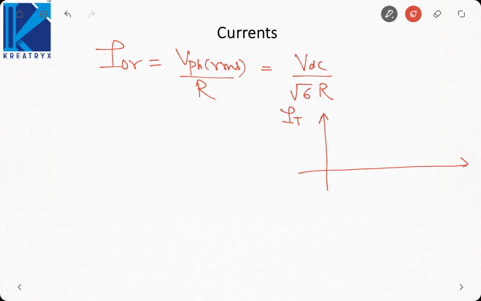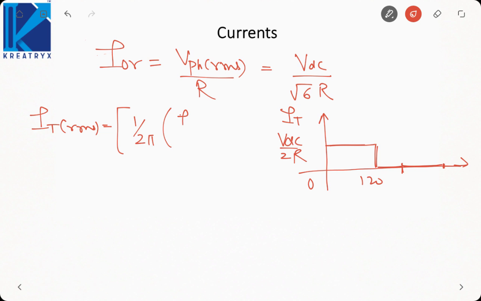This is IT. So thyristor 1 will be conducting from 0 to 120 degree. Then 120 to 180 will be for commutation. Then T4, then again commutation. So this is VDC by 2R based on the phase voltage. Now if we want to calculate the thyristor RMS, the period is 2 pi.